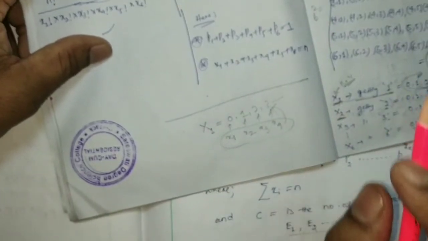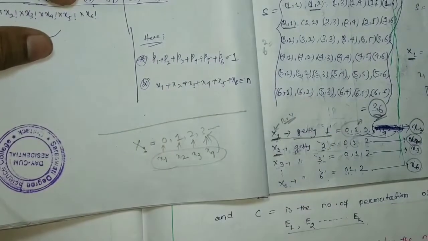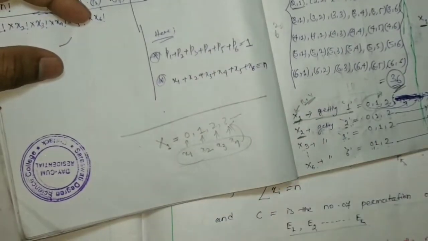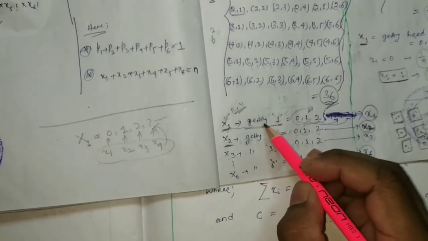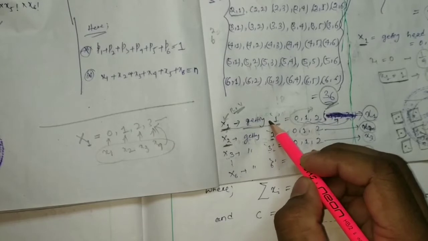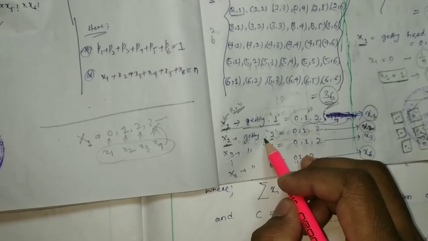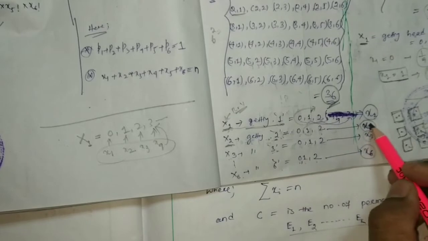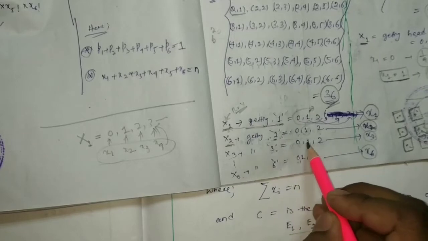But here, for easy representation and study, as we intend to find out one from this random variable, one from this one and another one from that one, small x1 represents either 0, 1, 2, small x2 represents either 0, 1, 2, small x3 represents either 0, 1, 2, like that.